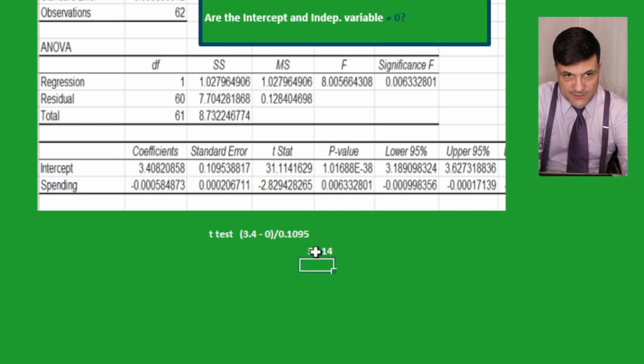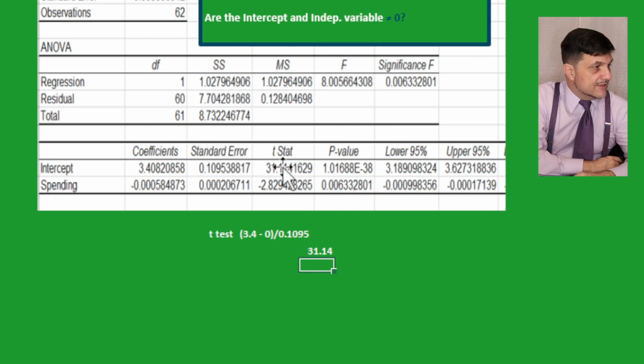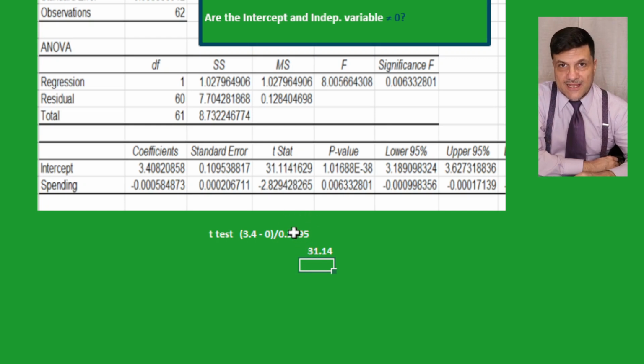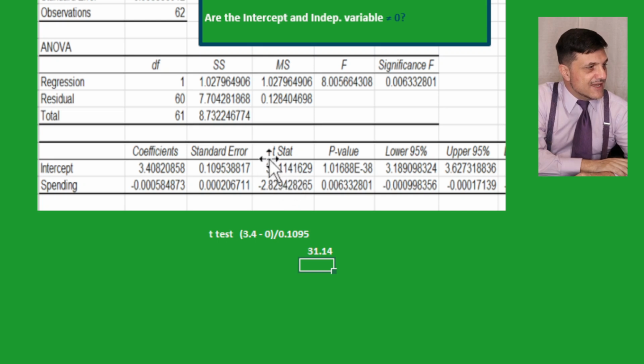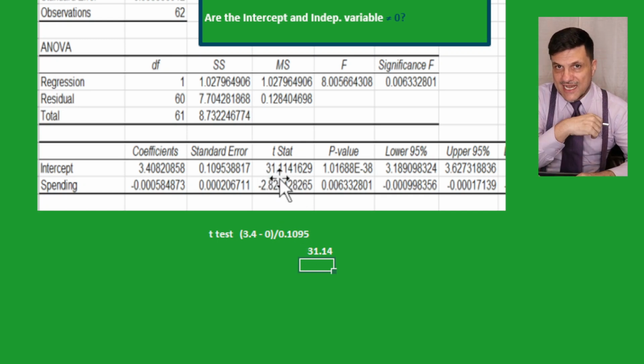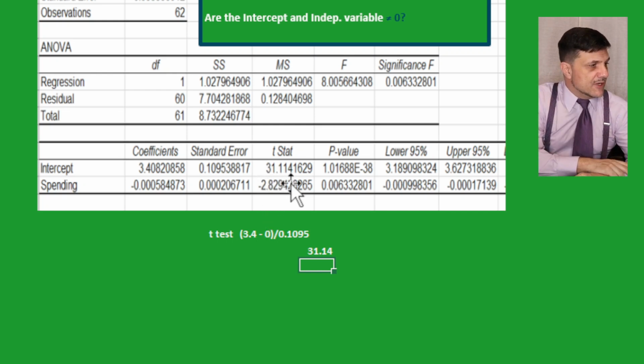Wow, you're good in mathematics. Not really. I mean, honestly, actually I am. But not to the point to have such a fast brain to do those calculations. It's because I knew the number was right there, right? 31.114. Okay, 31.114. That's exactly the t-test. So I don't need to do this calculation in the exam. The ANOVA table will do it for you. Just take a look. Now, what do you think about the 31.11?